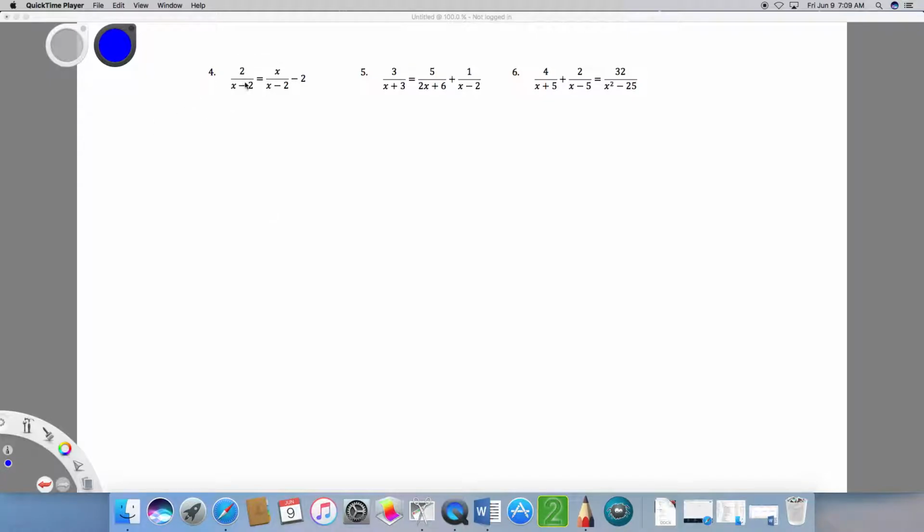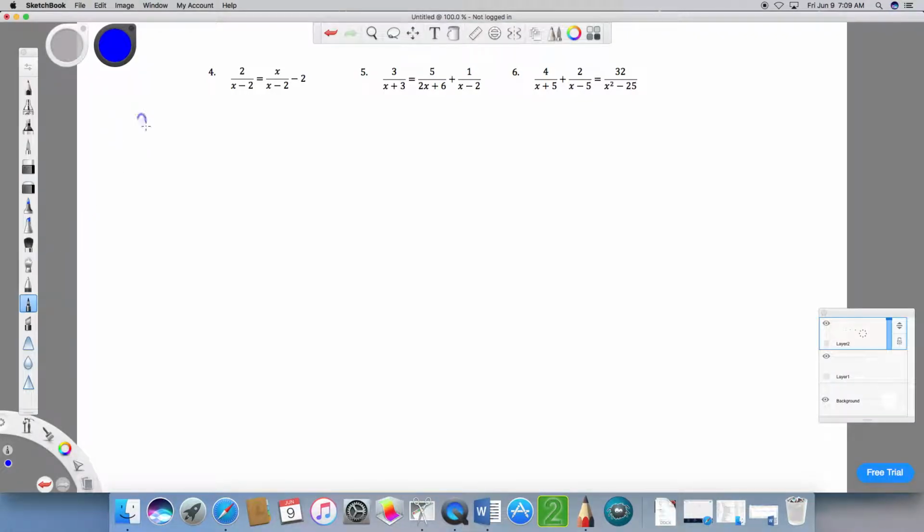On the left-hand side, we have a single term, and that term has an x minus 2 in the denominator. And here, on the right-hand side, this first term has an x minus 2, so those are common denominators.